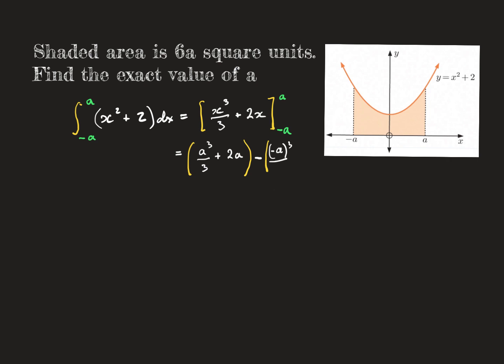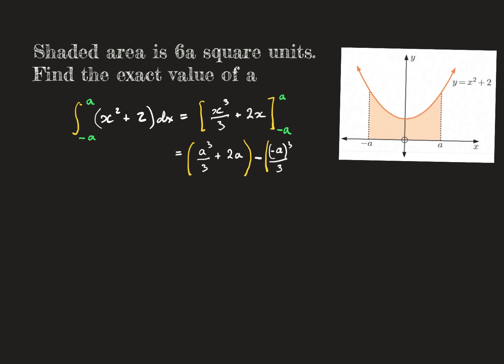cubed over 3 plus 2 times minus a, and tidy up with this algebra, so we'll have a cubed over 3 plus 2a, which is okay, but now negative a cubed is going to be a negative a cubed over 3.